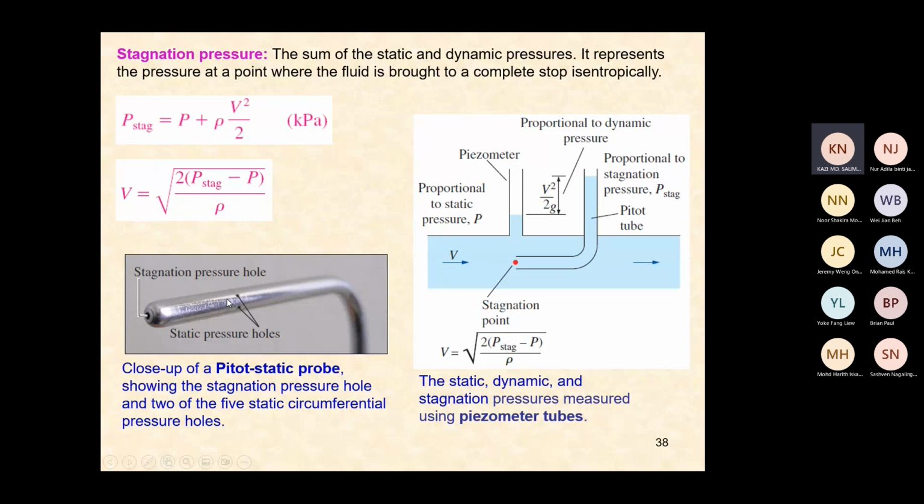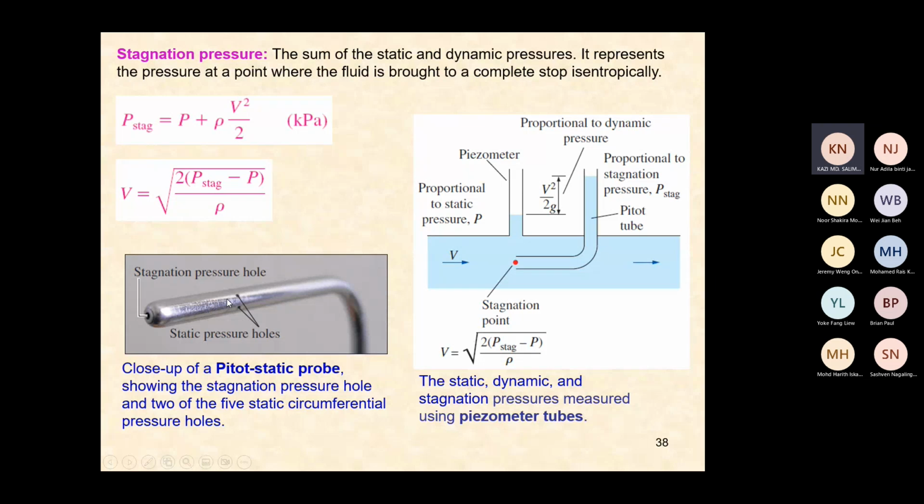So this piezometer can be used to measure the pressure proportional to the static pressure, giving P through this hole. And the stagnation pressure is this pressure plus V squared by 2g. So we use the pitot static tube to measure pressure, and the velocity is represented by this equation.